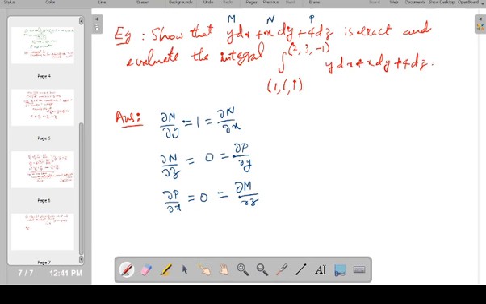So if these three equations hold, then the vector field is conservative, or equivalently the differential form is exact.